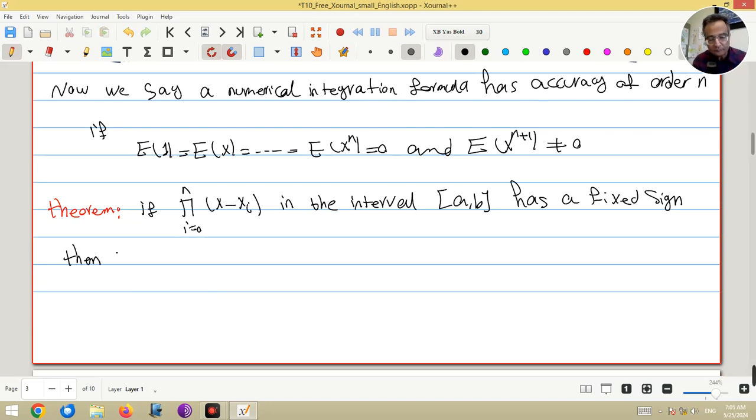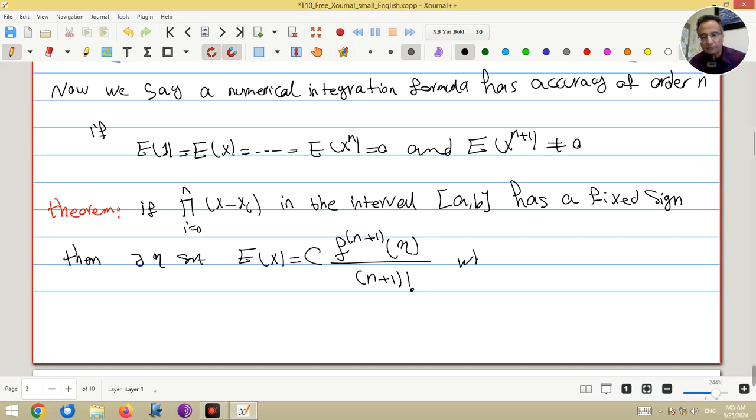Then there exists eta such that E of f equal to C times the n plus 1th derivative of f at eta over n plus 1 factorial, where C is equal to the integral from a to b of the product for i equal to 0 to n of x minus xi dx.